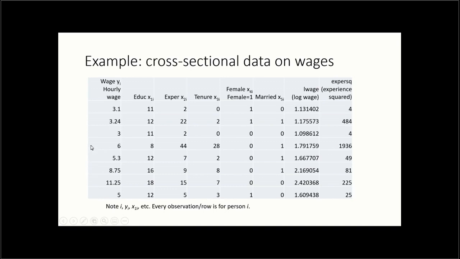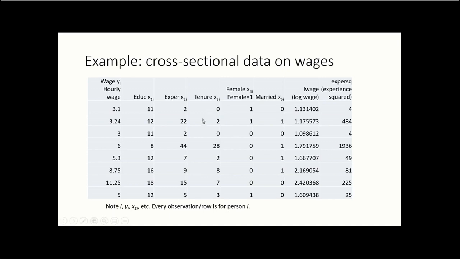Now, in this data, I don't have, say, the names of the people that this data belongs to. That was not provided in the data, but I know that for the first person in the data, this is the wage. That's their education, that's their experience, that's their tenure. So this i behind each variable denotes that we're talking about the value for the person i.